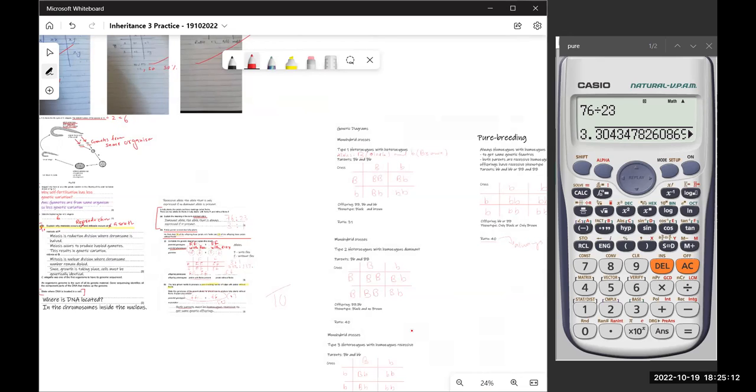Is that clear? Sir, you didn't explain that question, the one I asked. Let me show you. Send me a screenshot of the question. It was question 2, number C, third one.